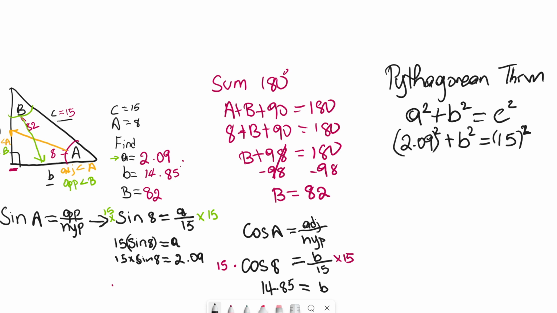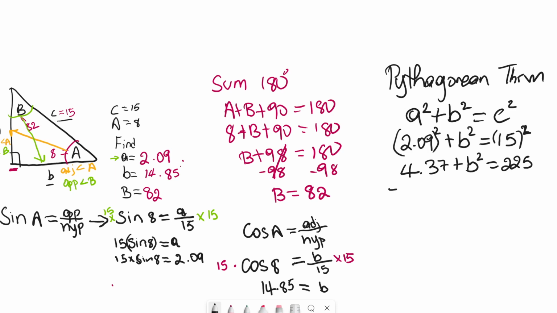Now we can simplify this, right? So 2.09 squared would be 4.3681. And so I'll just round it to 4.37 plus B squared is equal to 225, right? 225 is 15 squared. Now, I'm trying to get B by itself.